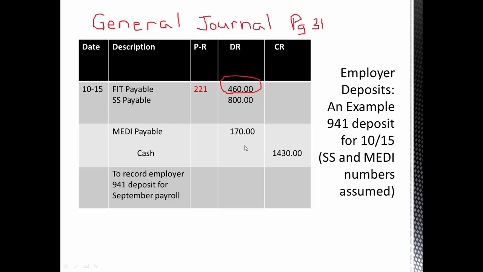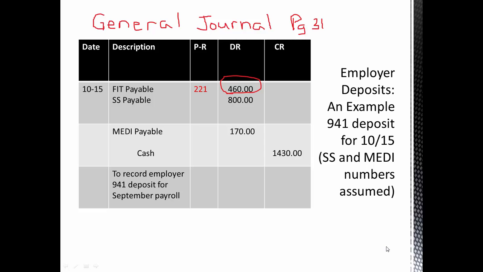We're going to write a check to the IRS for $1430, or actually we're going to electronically transfer $1430 from the checking account directly to the IRS electronically. And here is our explanation: to record employer 941 deposit for September payroll.